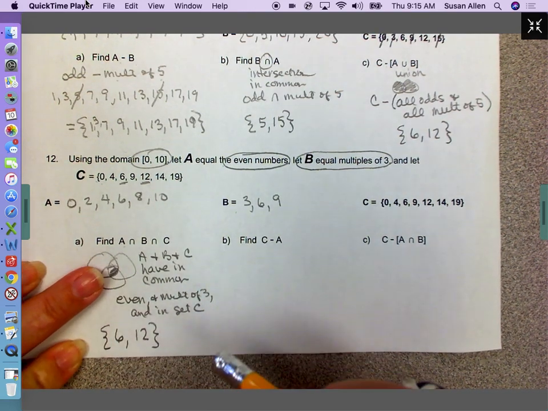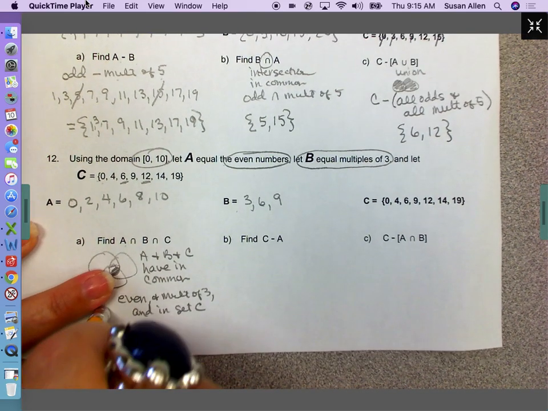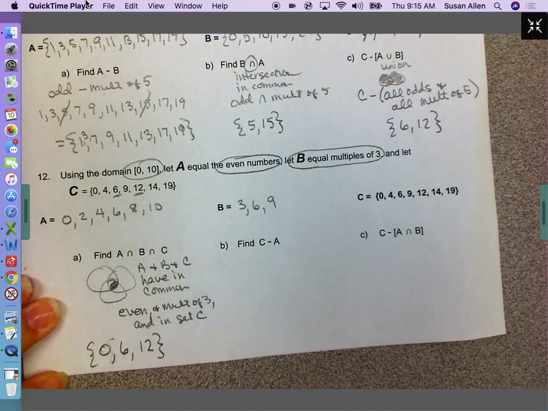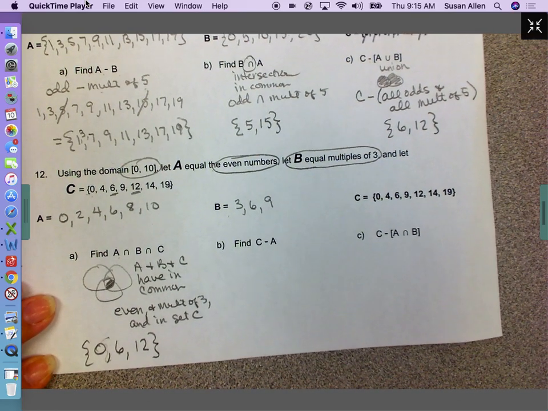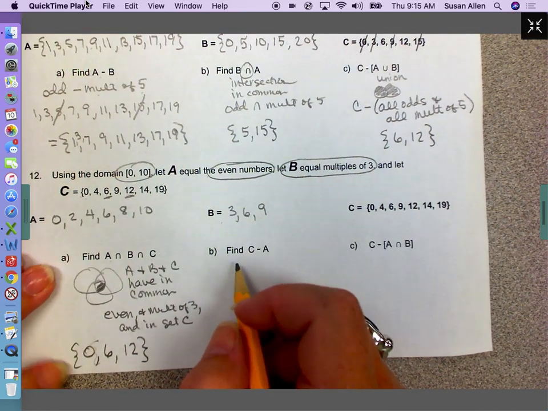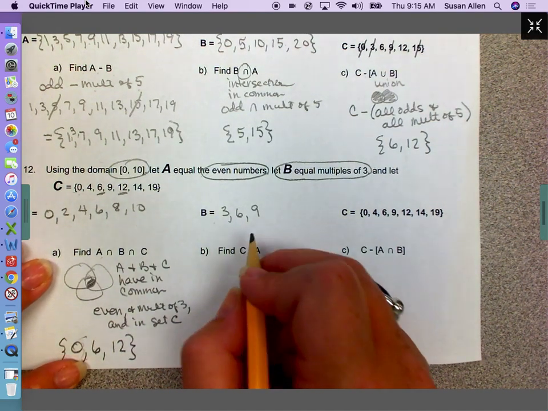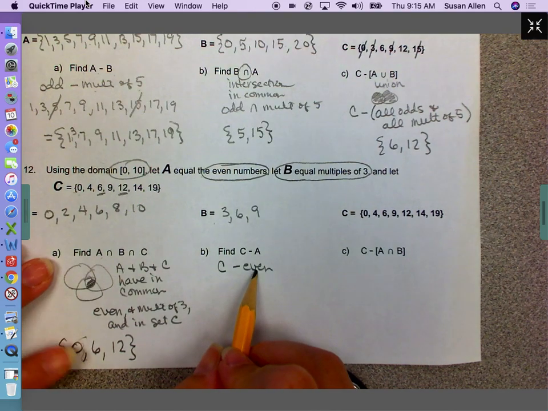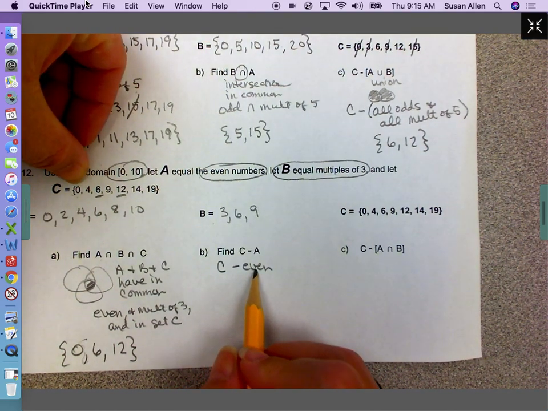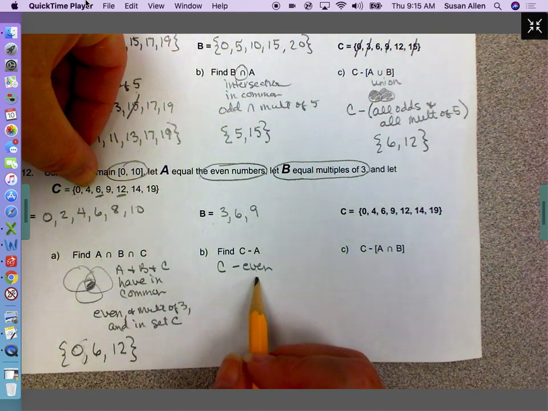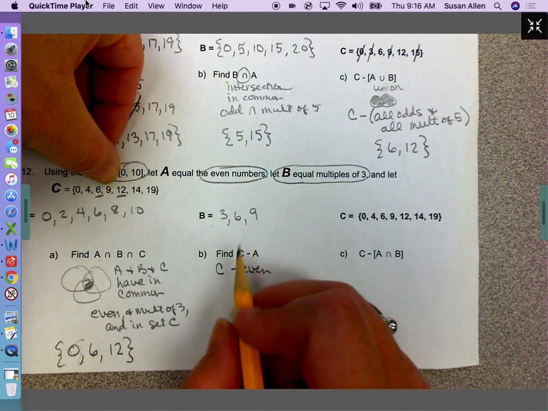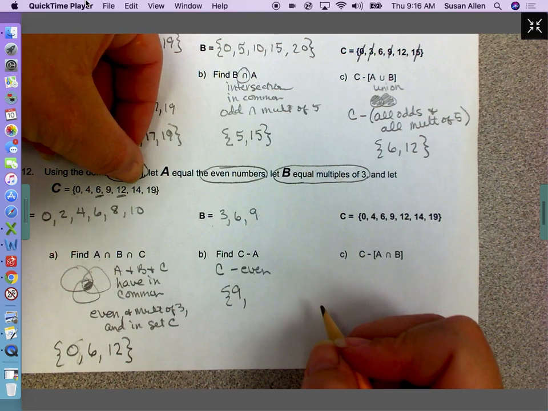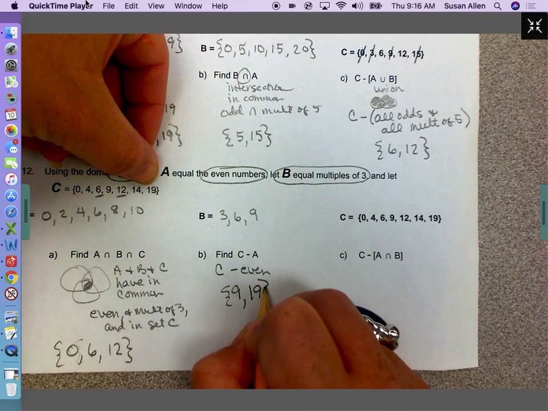Oh, and actually 0, because 0 is an even number. 0, 6, and 12. Next, I'm going to take set C and subtract out all the even. So C minus evens. So if I come over here and take out all the even numbers, 0 is even, 4 is even, 6 is even, 9 is not even, 12 is even, 14 is even, and 19 is not even.